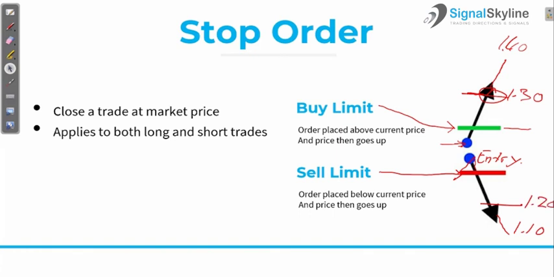So you open your laptop and you say, you know what? I've got to stop this order right now because I don't think it's going to go all the way down here. I'm not going to get 70 pips. I think I've got 40 pips. Why don't I get out now? So you press a button, stop, and you get out of the market. That's what the stop order is, right?